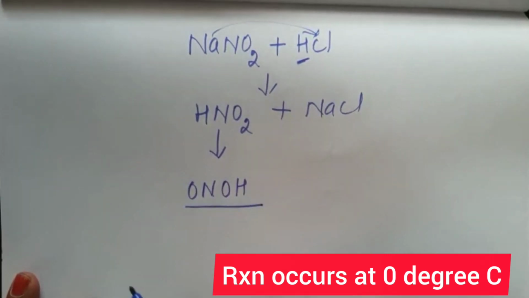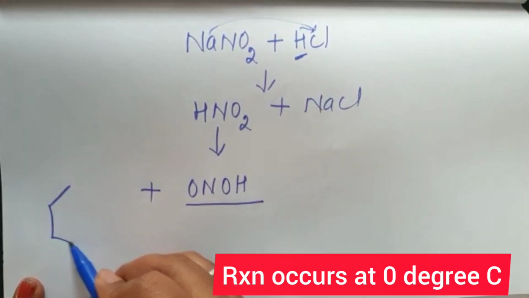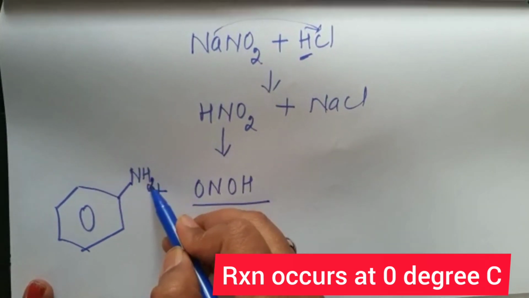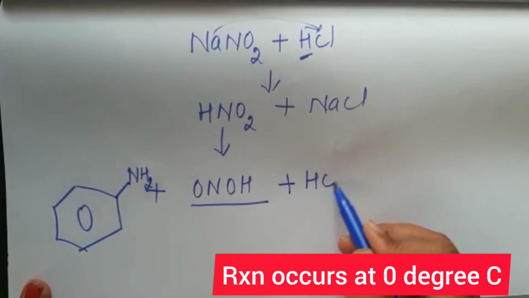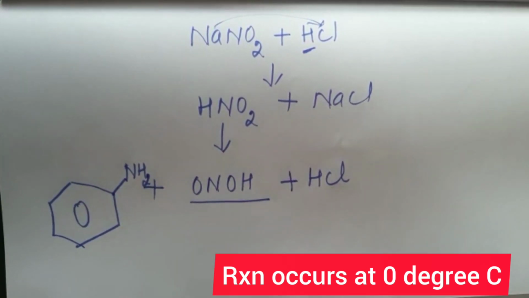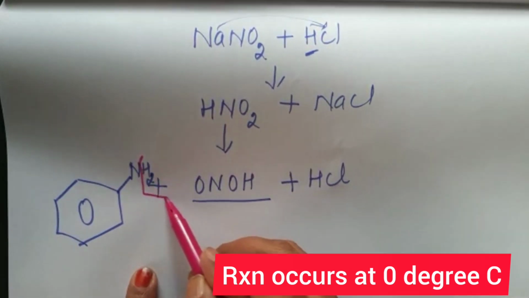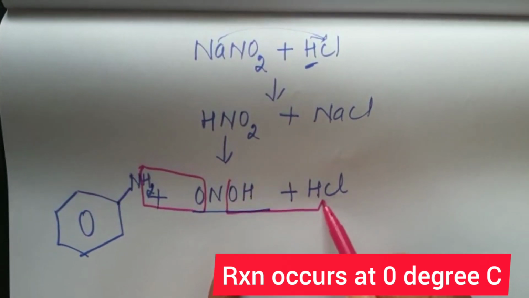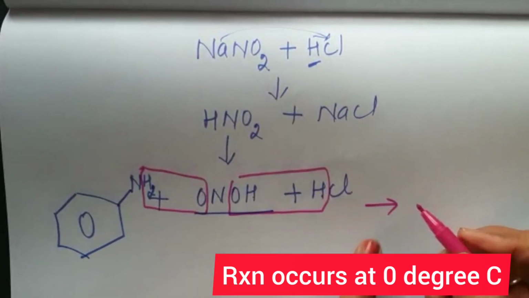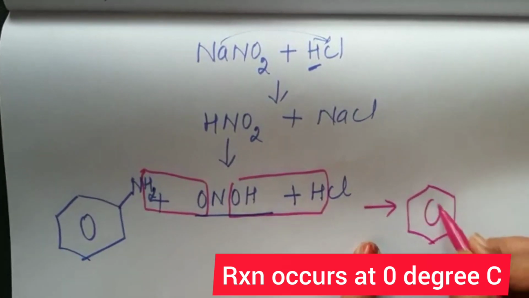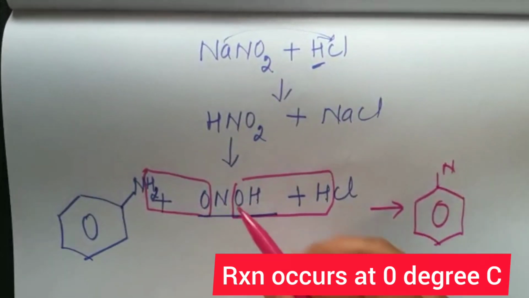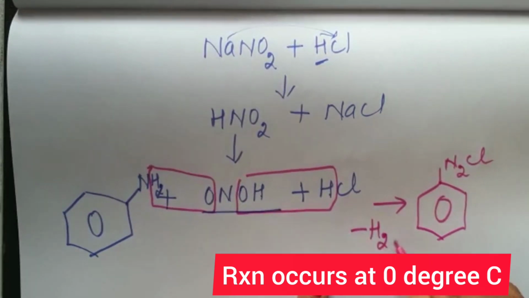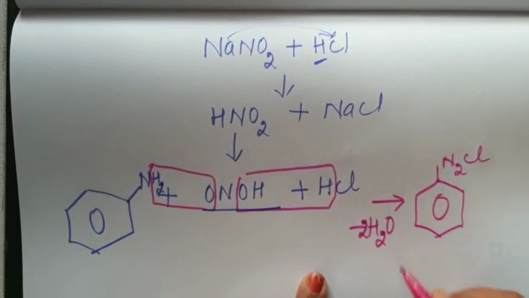So this nitrous acid reacts with aniline, whose formula is benzene to which NH2 is attached, and in presence of acid they react. NH2 is there, so H2O is removed. Here also I have 2 hydrogen atoms and 1 oxygen, so H2O is removed. What is left out? Benzene, right? 1 nitrogen is here, another one is here, so diazo and chlorine. How many water molecules are removed? 2. So minus 2H2O.